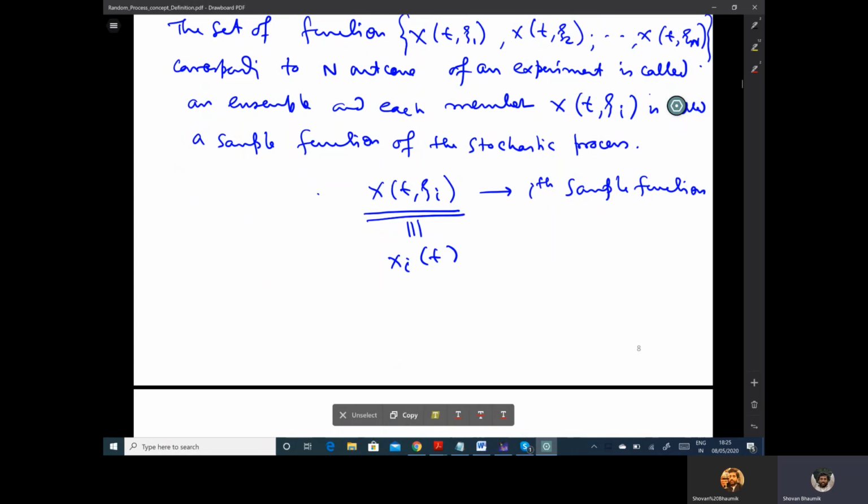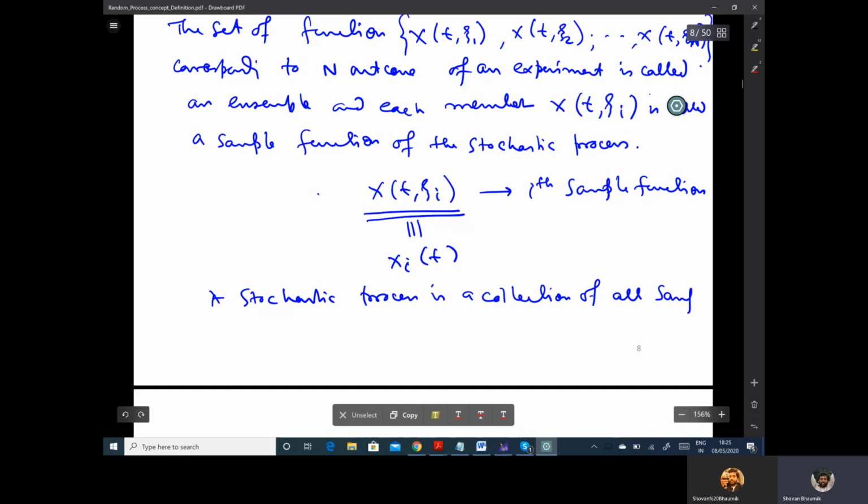So a stochastic process is a collection of all sample functions, right? We saw it earlier. A stochastic process is a collection of all sample functions, and is denoted by x(t, zeta).